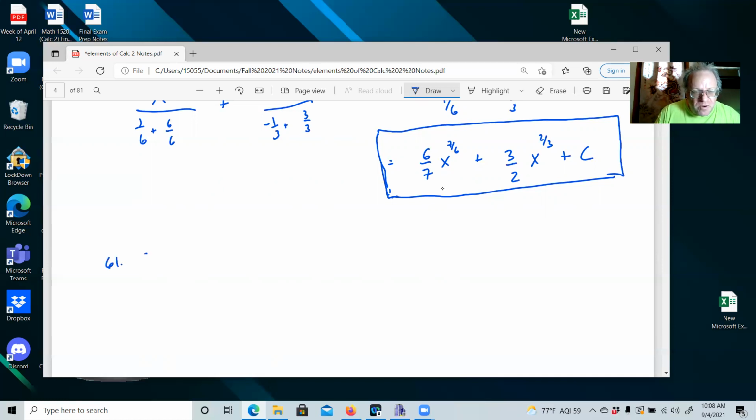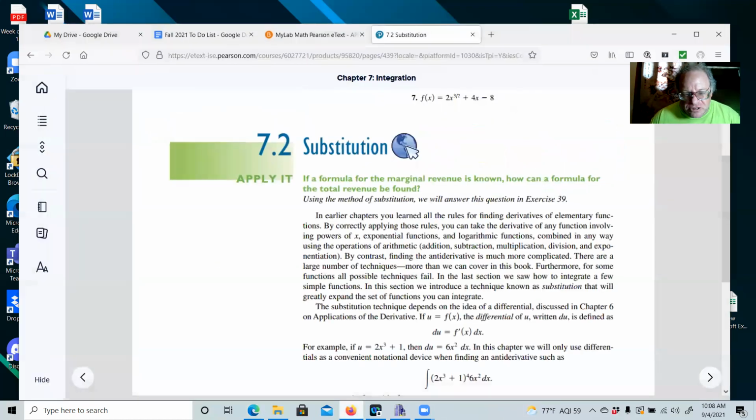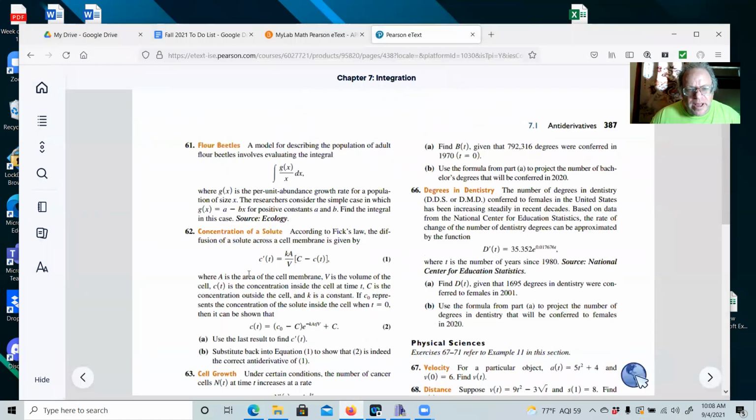Let's see. I'm going to do two more. Number 61. These are the word problems. So we have g of x over x. A model describing the population of adult flower beetles involves evaluating the integral. g of x is the per unit abundance growth rate, with x the population size.